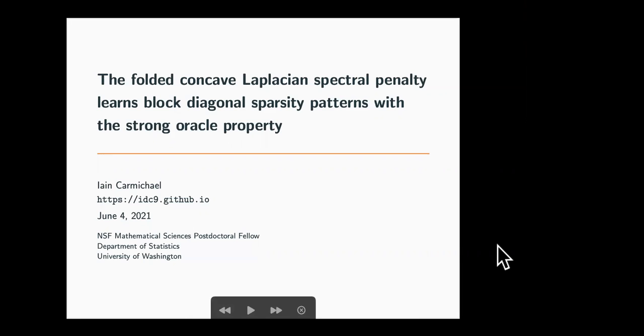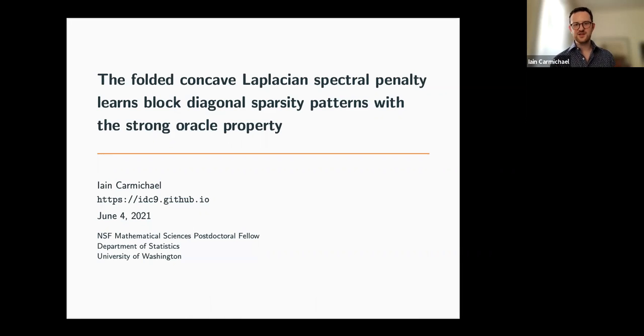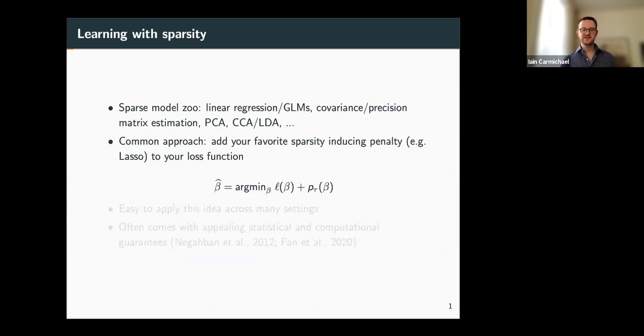So the title is a bit of a mouthful, and hopefully the title will be demystified by the end of the talk. To set the stage, we're going to think about learning with sparsity, and of course, we're probably familiar with a number of animals in the sparse model zoo: sparse linear regression or GLMs, etc. A fairly common approach to learning with sparsity is to take your loss function, add your favorite sparsity-inducing penalty, a Lasso for example, and minimize that.